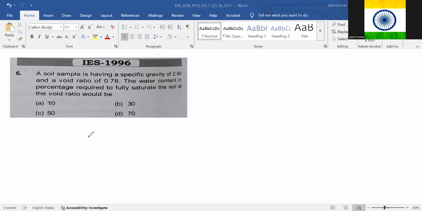A soil sample having a specific gravity Gs equal to 2.60 and a void ratio e equal to 0.78. The water content in percentage required to fully saturate the soil at the void ratio would be?